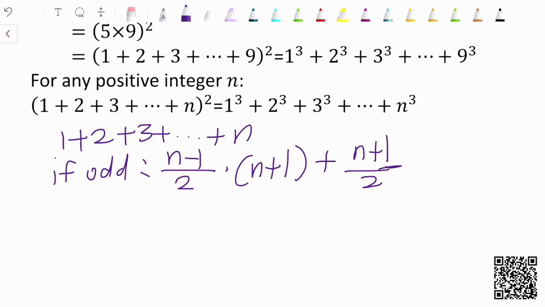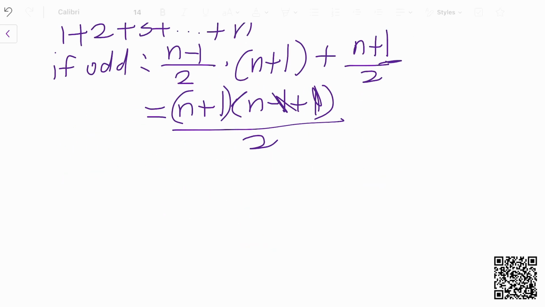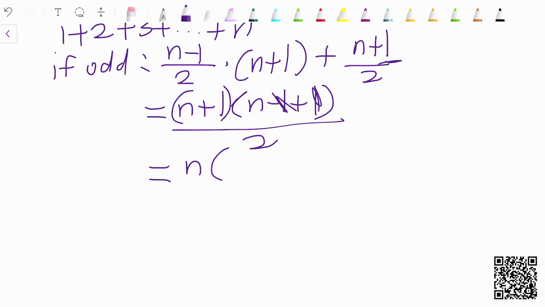If we do a little bit of whoopsie-daisying here, and pull out the n plus 1 into this equation, then we get n plus 1 times n minus 1 plus, well, this is just reduced to atoms, it's just 1 now, divided by 2. So then this evens out, and now we basically just have n plus 1 multiplied by n, or in standard writing, n multiplied by n plus 1 divided by 2.